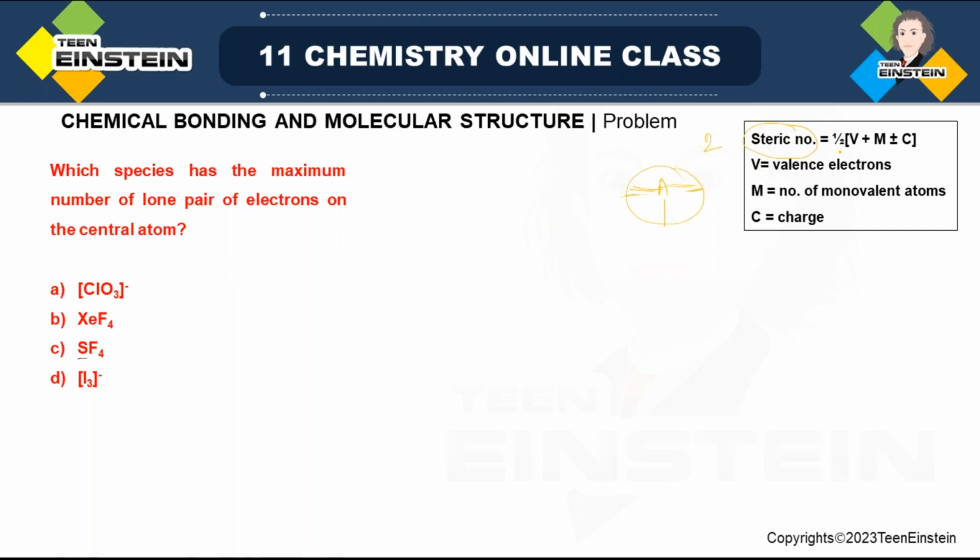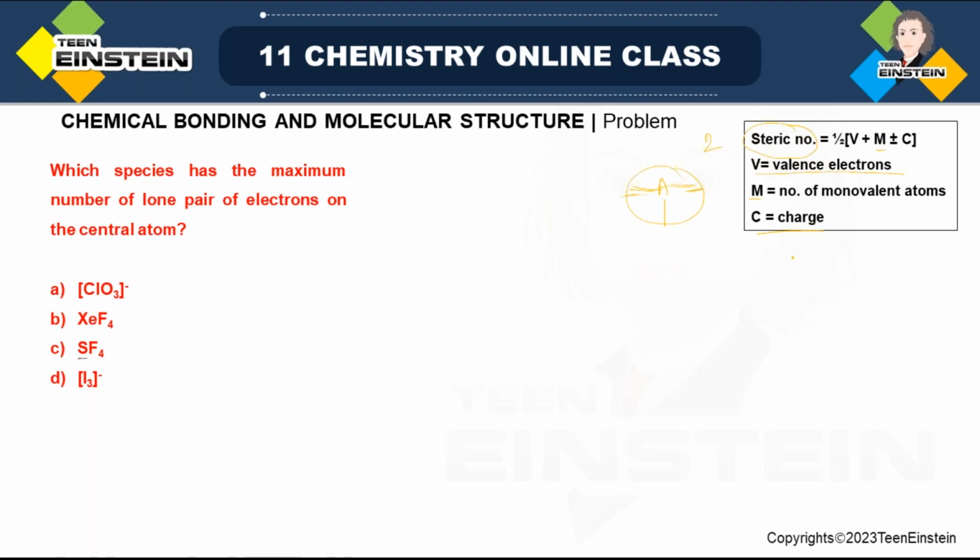And here the formula is steric number equals half of V plus M plus or minus C. V is the valence electrons of the central atom. M means the number of monovalent atoms. If you consider ClO3 minus, oxygen is not monovalent, right? So in case of ClO3 minus, in place of capital M, you just put 0 because oxygen is not monovalent.